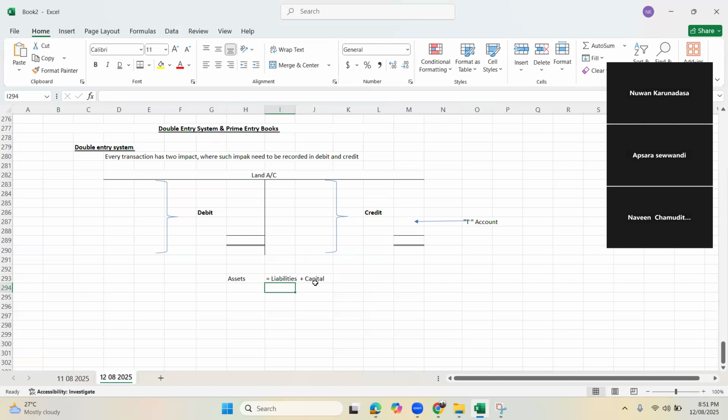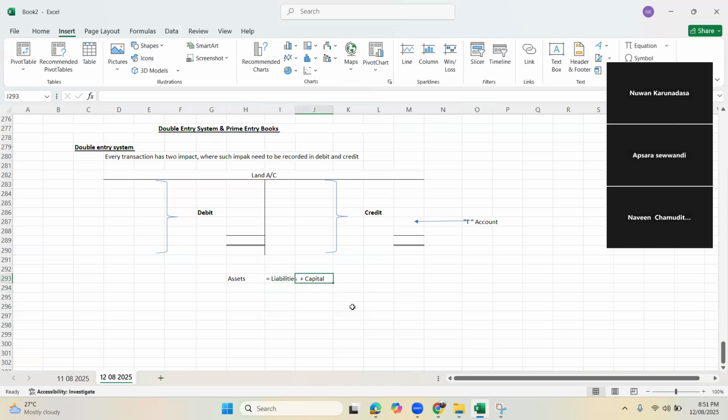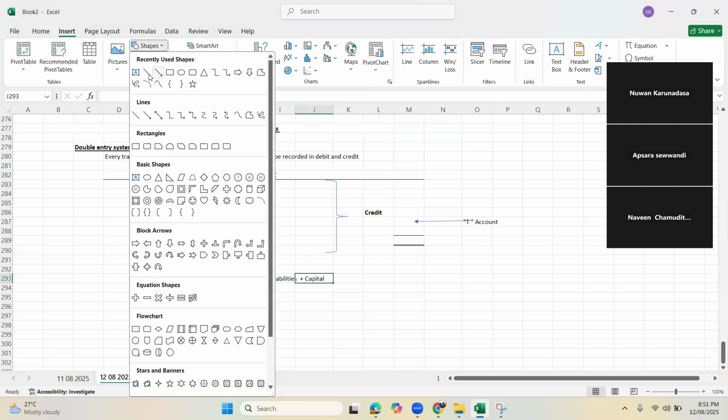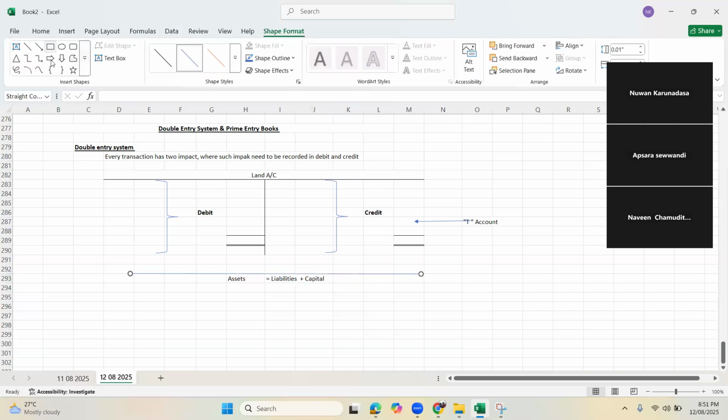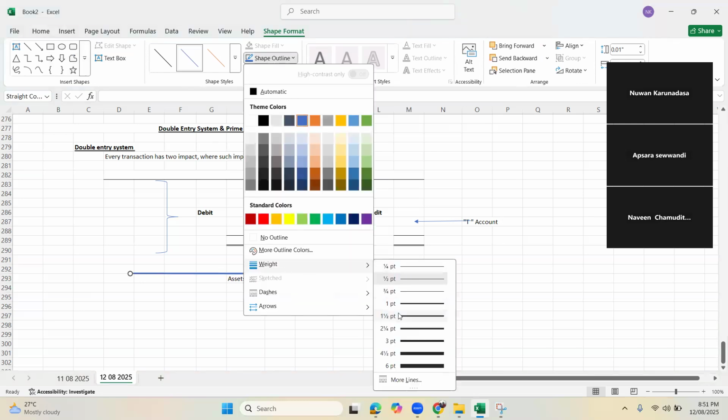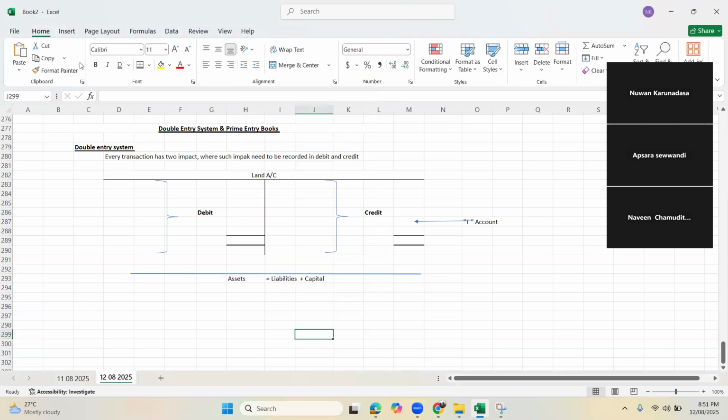Here we have adjusted for transactions to the capital. We have already learned it. If you draw T accounts like this, this is the ledger account format.